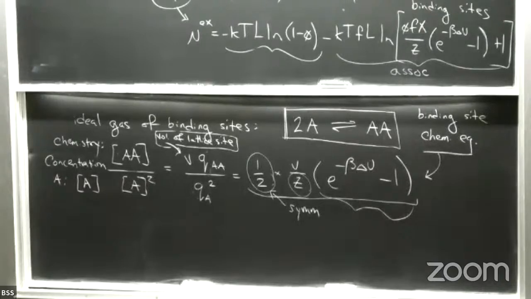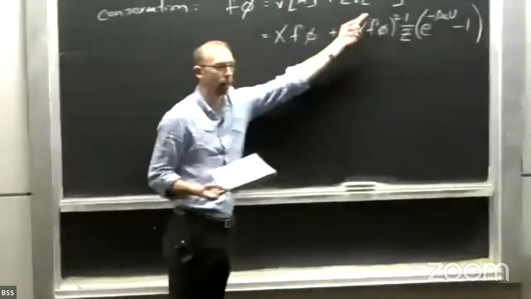And the key thing is that this X here is now appearing because this X is defined to be the fraction of binding sites that are available, right? So those are the ones that correspond to binding sites that are not in these dimer pairs.